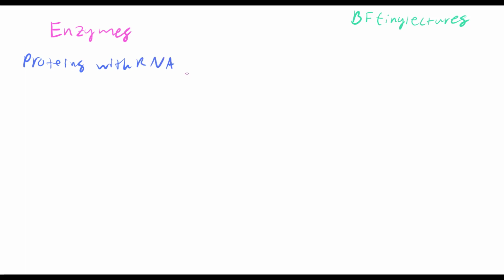Okay, and what makes enzymes special is that they actually can increase the rate of reactions, and when they do that, they're not consumed in the process. So what I mean by that is you can use an enzyme to do reaction A, and you get the product B, but along with the product, you also get the enzyme back.